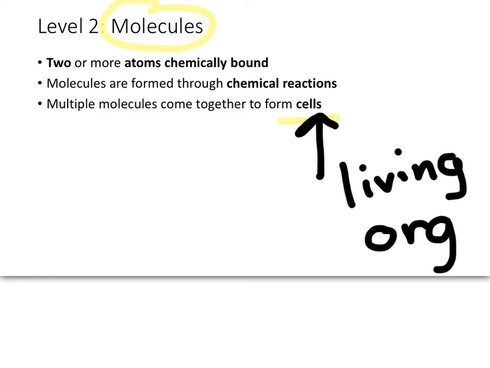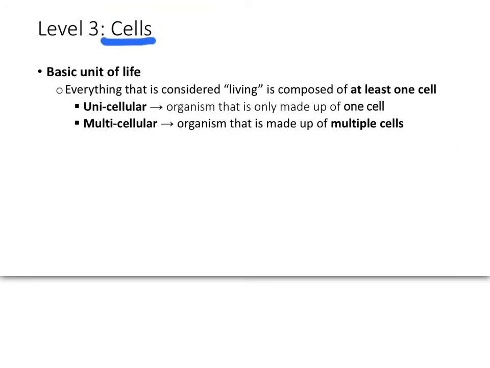Anything that has mass, so living things and non-living things, they have both atoms and molecules. It's only when you start going onto the living side of organisms that you have cells and all the other hierarchies. So cells, right, they are the basic unit of life.